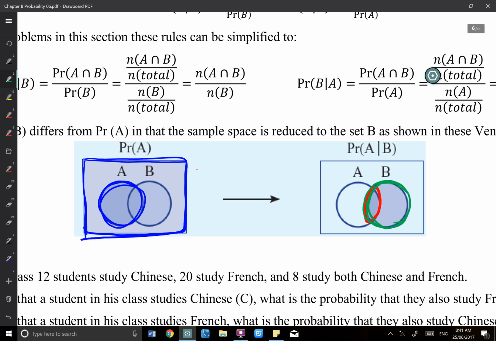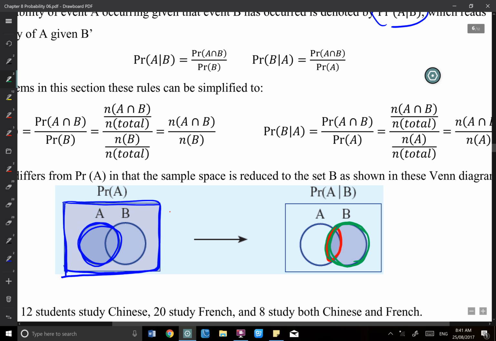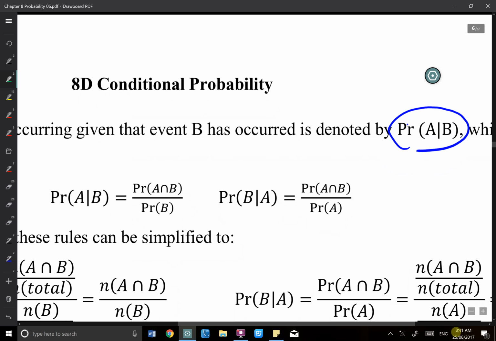Then I want A to also happen, which is the intersection part, divided by the universal set, which is B in this case. So the probability of A given B is calculated by A intersect B divided by the probability of B. That's why we can see that on the Venn diagram.